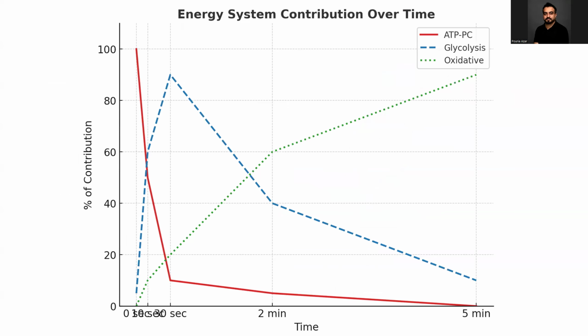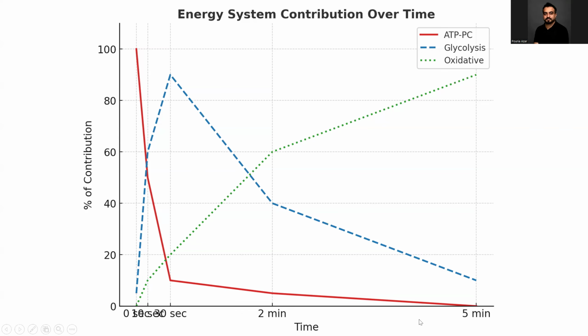And here is the summary of all three energy systems' contribution over time. The red one is the ATP creatine phosphate energy system. The blue is the glycolysis, and the green one is the oxidative energy system. As you can see, over time, we use all these three energy systems.